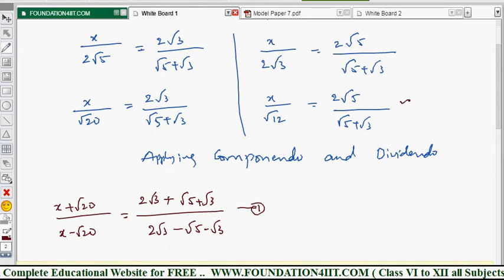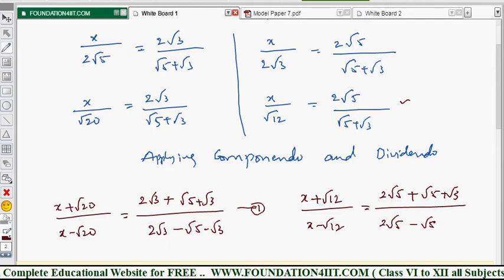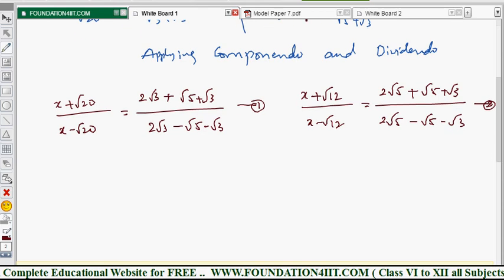Again from this also, applying componendo and dividendo rule, x plus root 12 by x minus root 12 is equal to 2 root 5 plus root 5 plus root 3 by 2 root 5 minus root 5 minus root 3. Second equation. These both we need to add, because we need to find only the LHS.